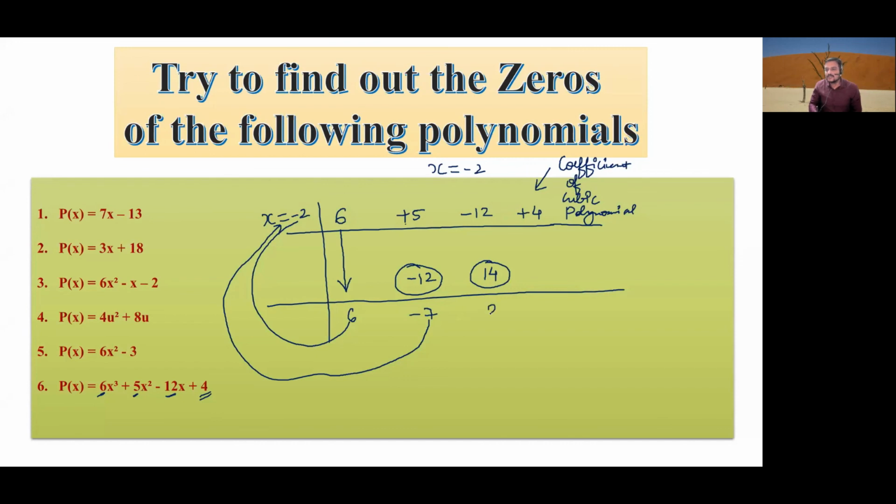It is +2. Then I will multiply this 2 and this -2, and write it here. So 2 into -2 is -4. And finally, I should get a 0 here always. In the last step, I should get a 0.